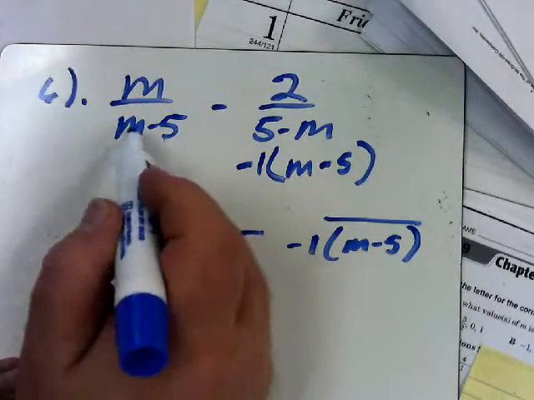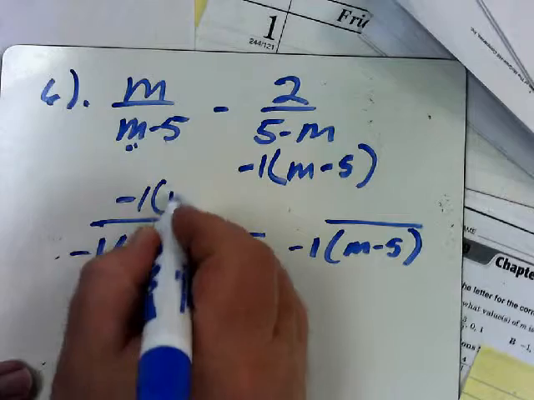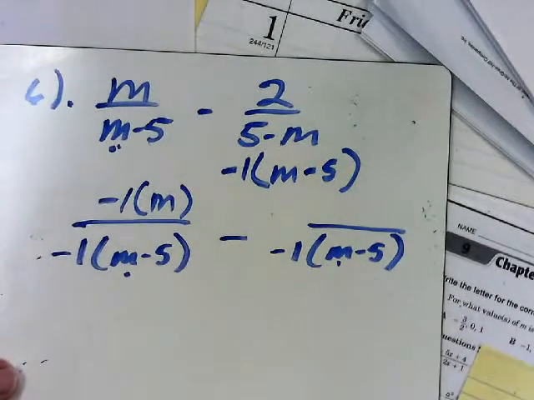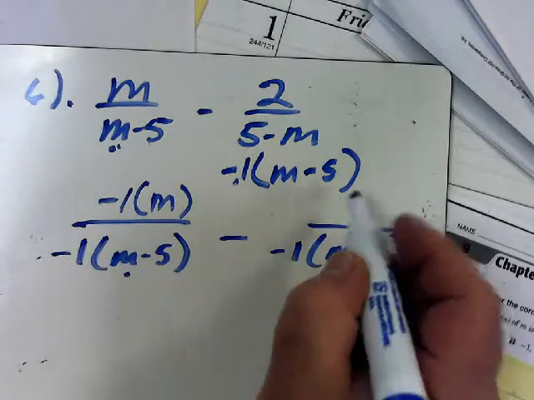So to go from this denominator to this one, what do I have to change? Negative 1. So it's going to be a negative 1 times m. Going from this denominator to this denominator, what do I have to change? I think the negative 1's already here. Nothing.